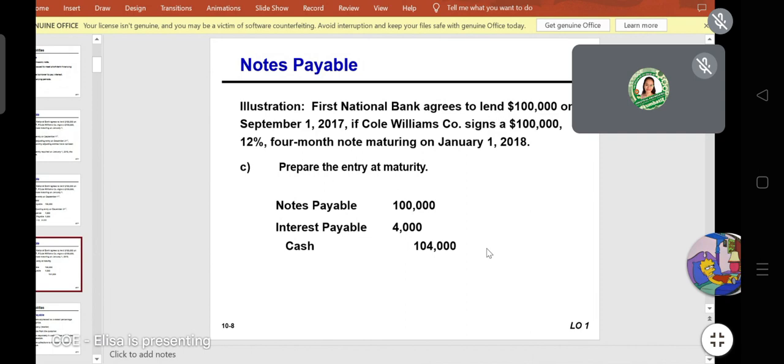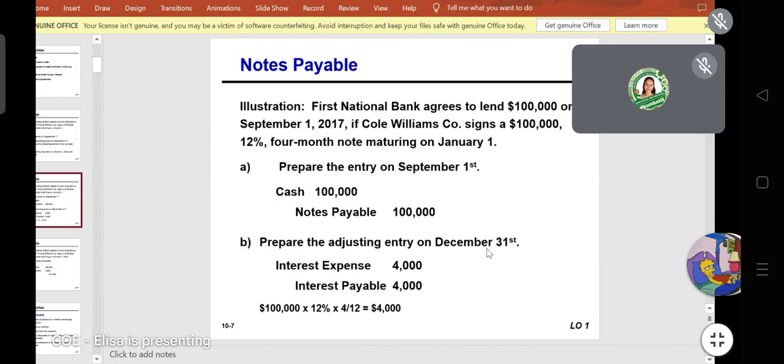Any questions at this point, people? What we have to remember in making the entry for interest expense is to record the date of issuance, then the payment, and the catch is that we have to close the books on December 31st.